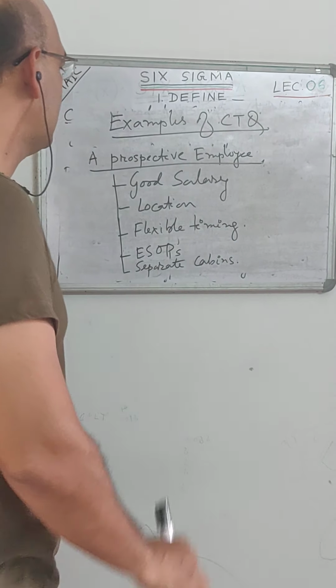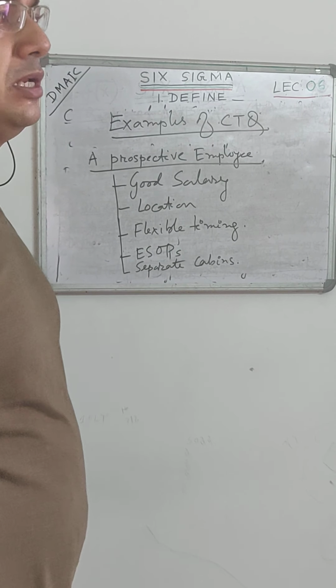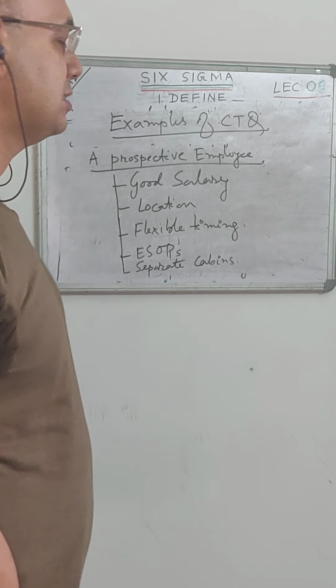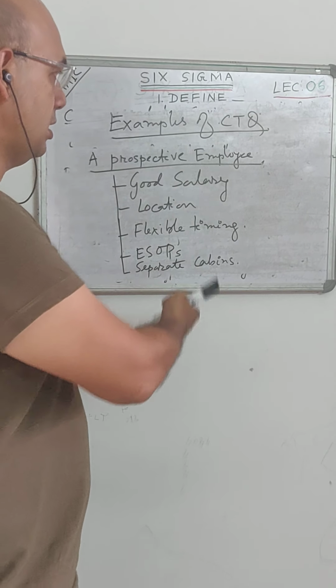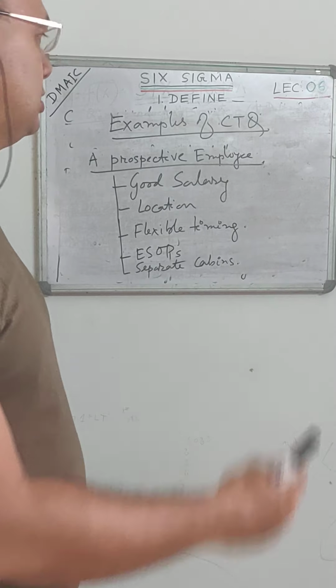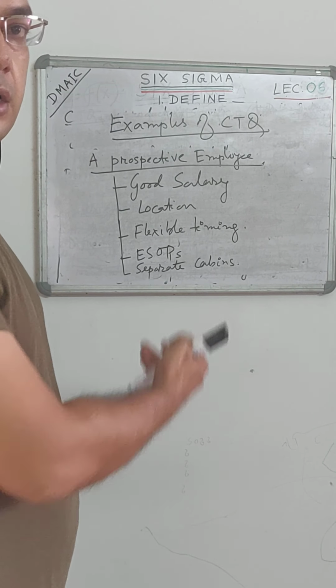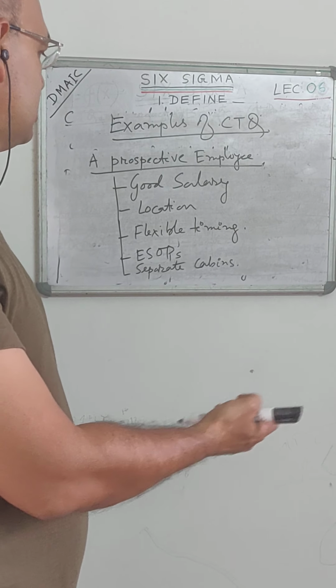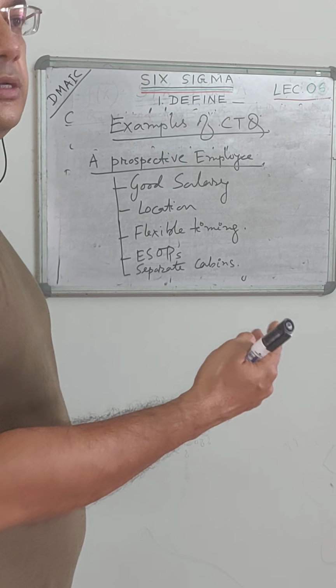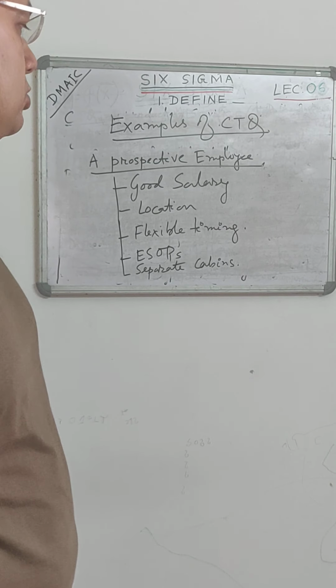Like another example, we can have a prospective employee. For HR, they are interviewing so many people. So based on this interview and survey, HR can develop their own CTQs. Like for employees, what are the requirements? Good salary, location preference, then flexible timing. Is there a flexible timing facility in the manufacturing unit or not?